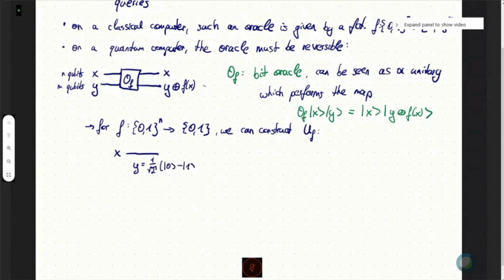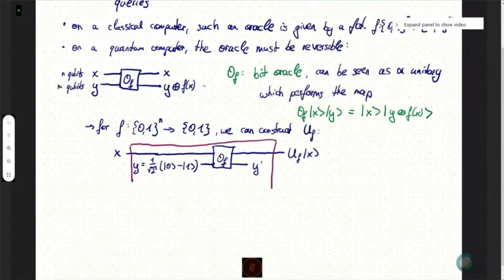We learned yesterday this is the state 1 over square root 2 times (0 minus 1). We input those into our oracle, and the output that we get is some y prime, and the other output is UF times x, and I will show you in a second why. Because actually, we will then call this box our oracle UF.